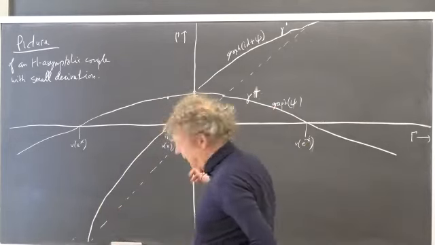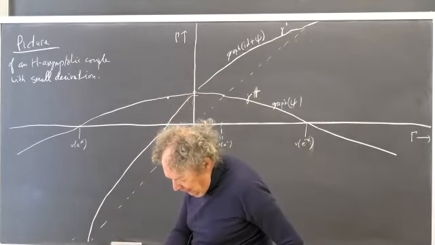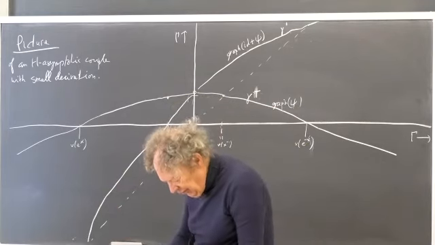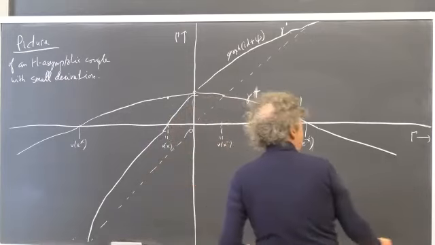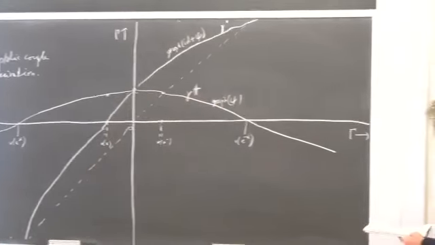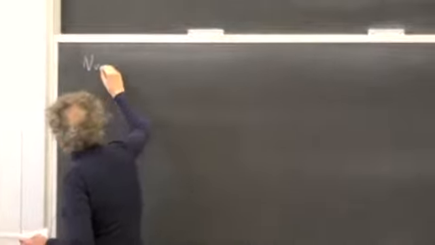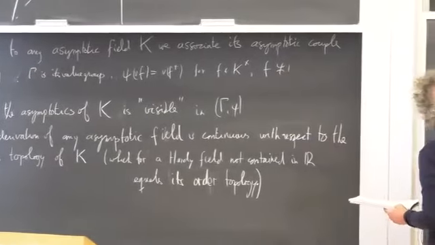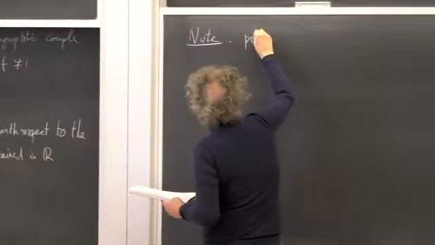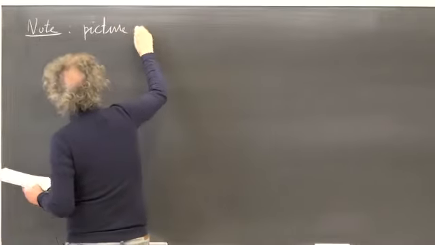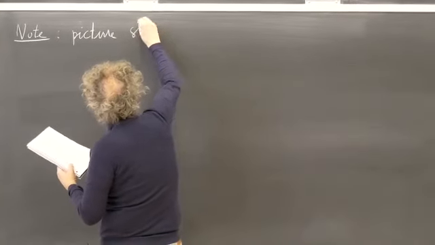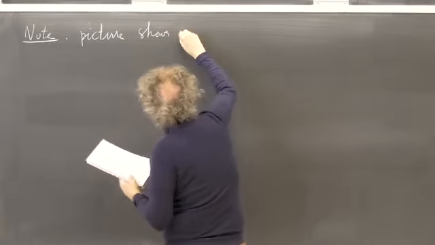So you can read off basic features of asymptotic couples, or particular H asymptotic couples. Note that the picture shows many things.